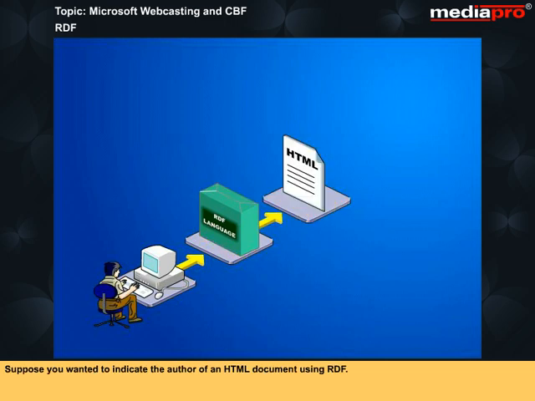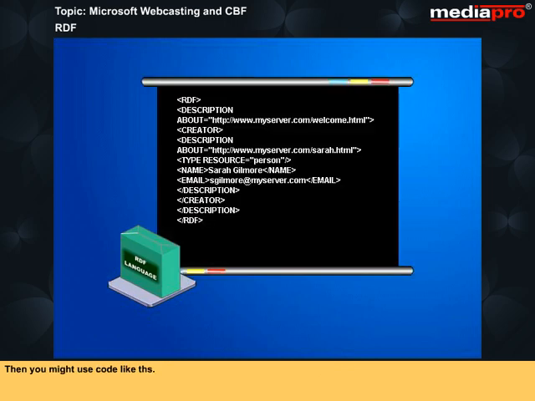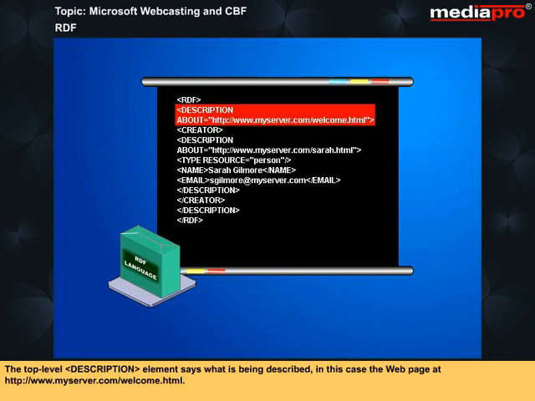Suppose you wanted to indicate the author of an HTML document using RDF. Then you might use code like this. RDF is the root element and contains all other RDF-related elements. The top-level description element says what is being described. In this case, the web page at http://www.myserver.com/welcome.html.